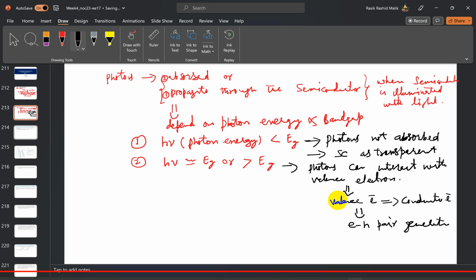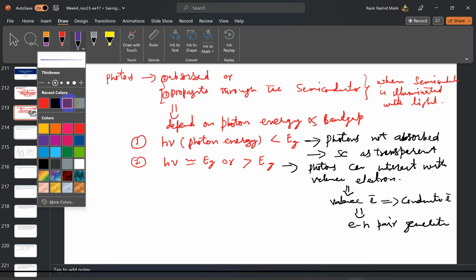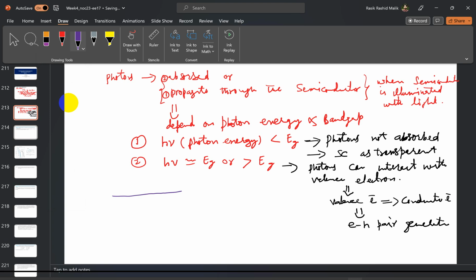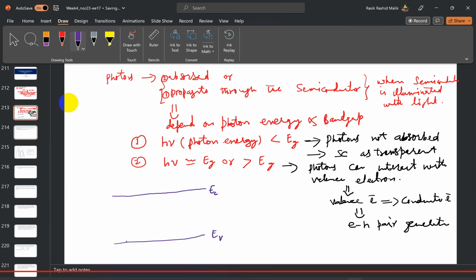Right? So the processes that I told about, I will just write here. Say we have the conduction band and the valence band. In case one, the photon energy h nu is less than the band gap.